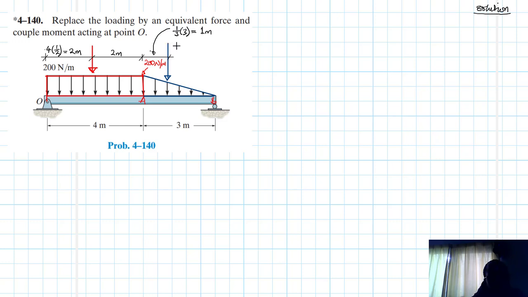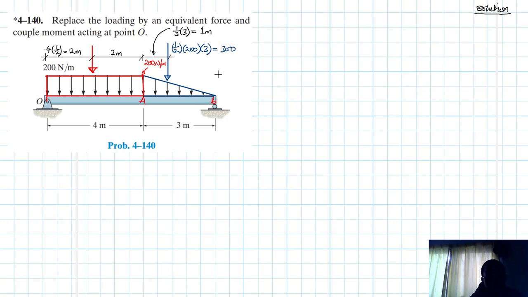Then this triangular load is going to be equal to the area under the load diagram. So this is half times the height, which is 200 newtons per meter, times the length, which is 3. So 200 by 3 is 600, then half of that is 300.